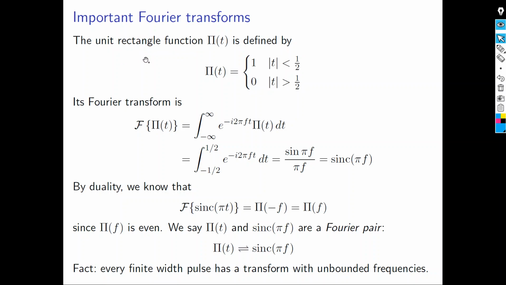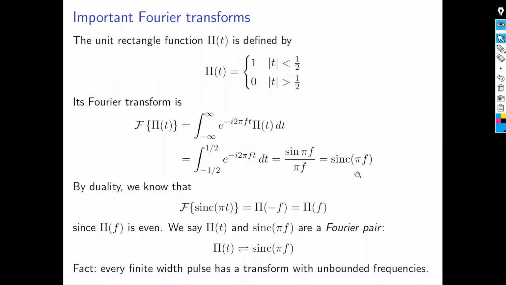Important Fourier transform, the unit rectangular function, rect. In the previous lecture we took the Fourier series analysis of rect. If you have rect, you can find the Fourier transform. How do you find it? The integral of 1 times e^(-j2πft) over the rect, and you find that it's sinc. But what's the difference here?